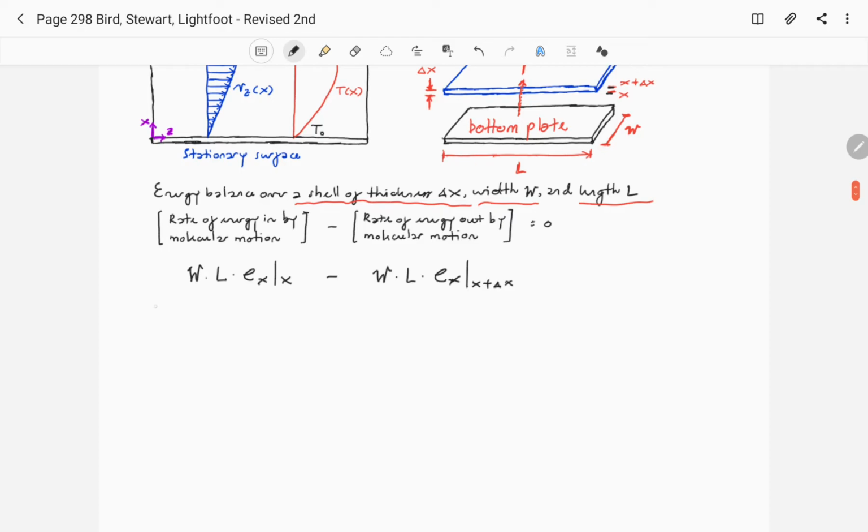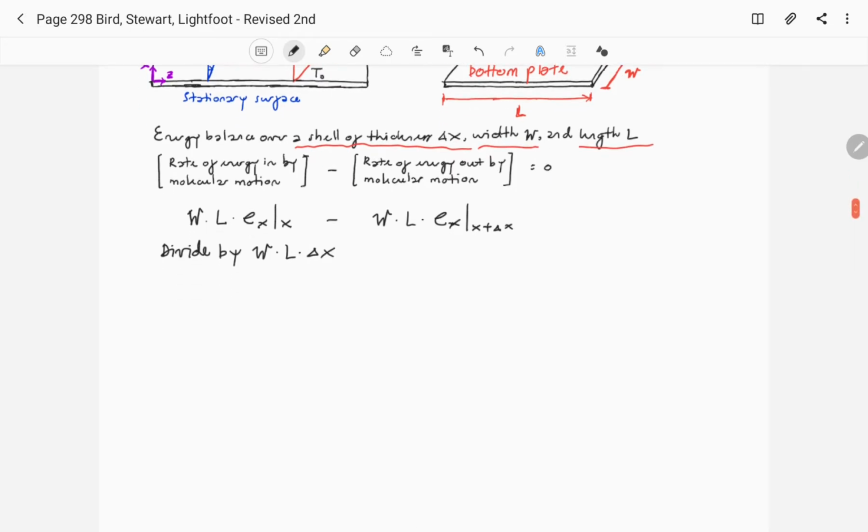Then we can simply divide this by the volume of the fluid shell element, W L delta x. Then we get the quantity minus the difference of e_x at x plus delta x and e_x at x, divided by delta x, equal to 0.